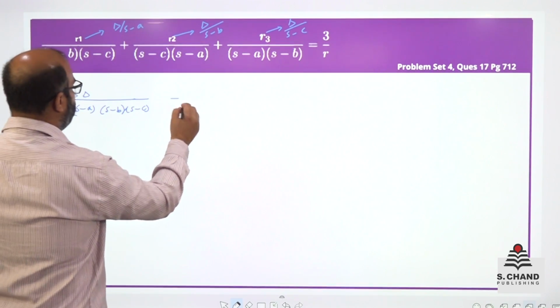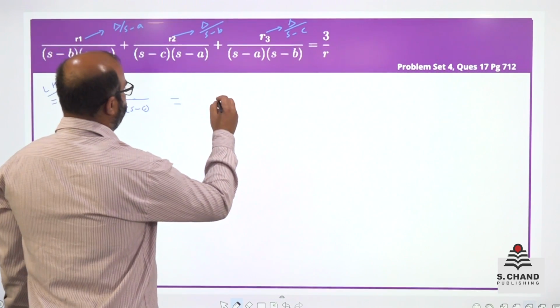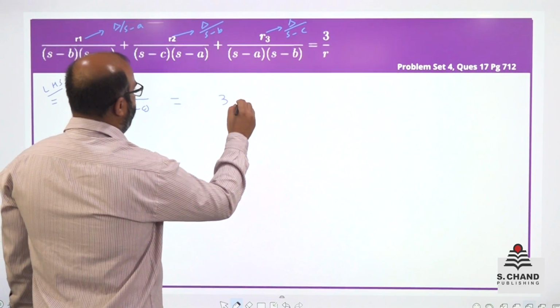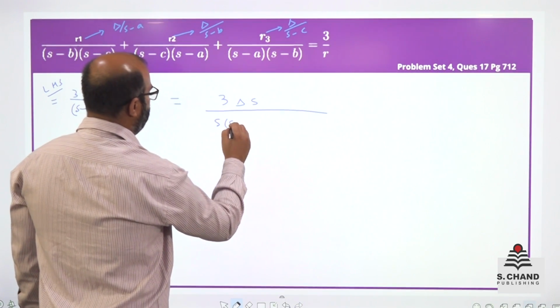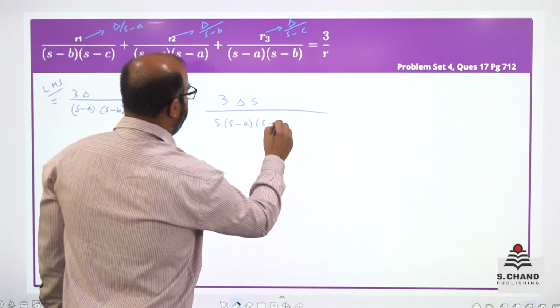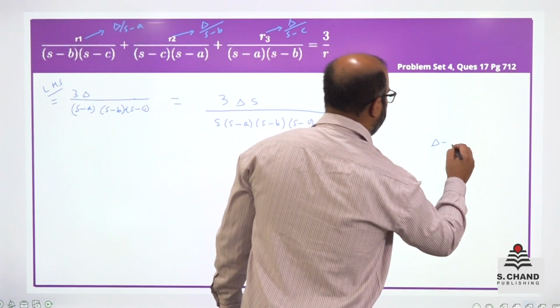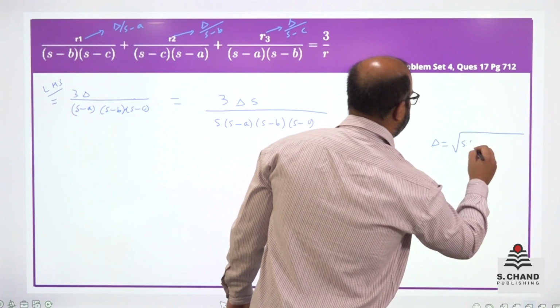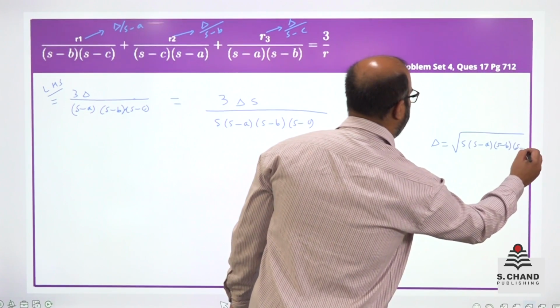3 triangle by (s minus a)(s minus b)(s minus c). Now let us multiply by s in the numerator and s in the denominator. So one more formula we have remembered in school, that area of triangle is actually root over s(s minus a)(s minus b)(s minus c), which is the Heron's formula.